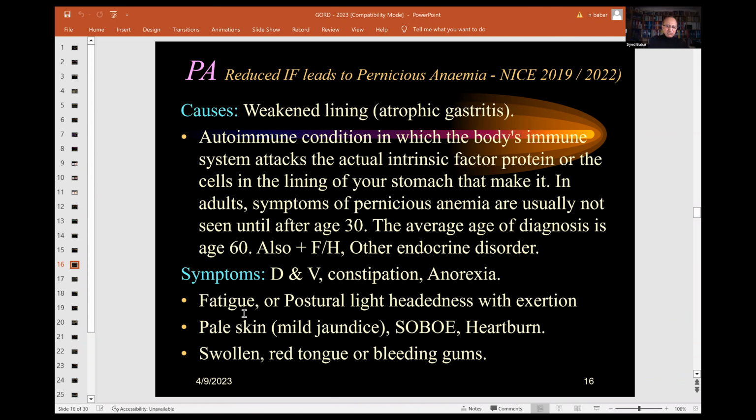Possibly over a period of time, there would be macrocytic anemia, and therefore it would cause clinical evidence of anemia. There will be shortness of breath on exertion, heartburn, and other associated features are glossitis, pharyngitis, and also, of course, bleeding gums.